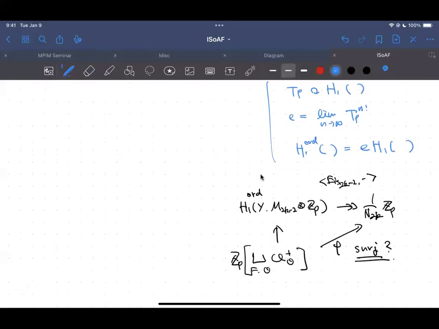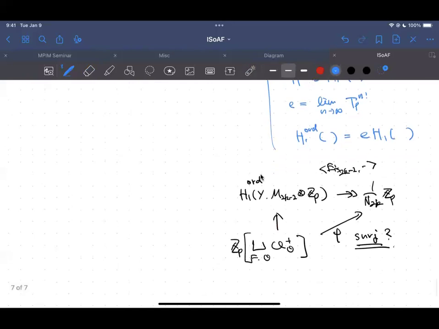But in order to work with the ordinary part, it is more convenient to go to level p. So we first lift everything here to level gamma 1(p).